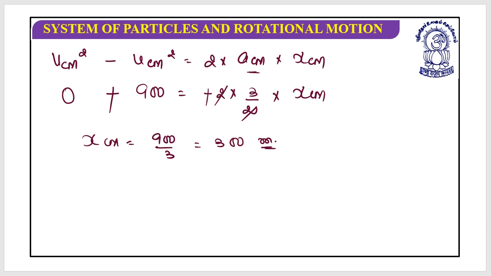I hope this is clear. So whatever you were doing in unit number 3, which is motion in a straight line, or motion in a plane, or laws of motion, all those things are allowed here as well.